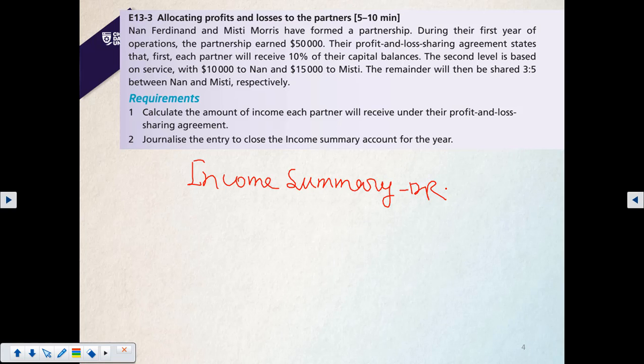Income summary is going to be debit by $50,000. Nan's capital is going to be credit. What is the amount of Nan's capital, the one that you calculated right now? What is the total profit that goes to Nan? 21,950.